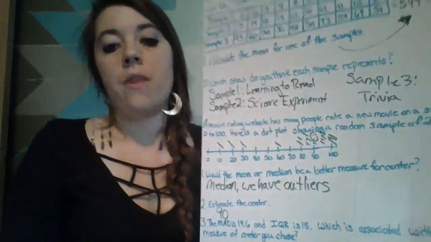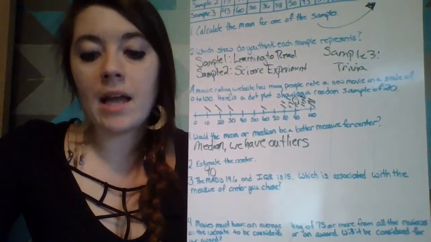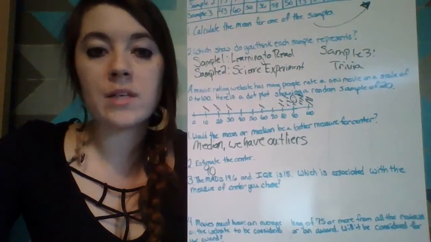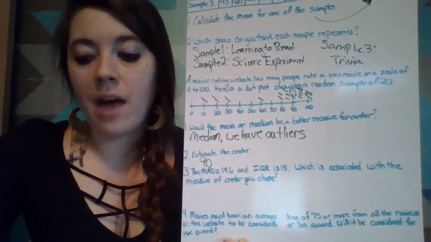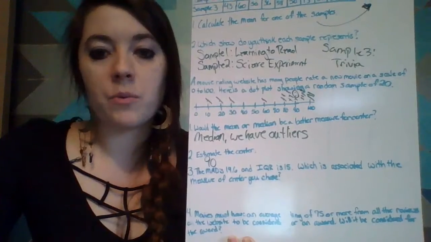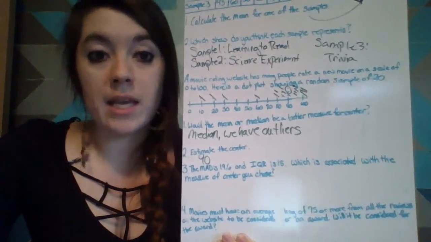Now, the MAD, or the mean absolute deviation, is 19.6. The IQR, or the interquartile range, is 15. Which of these values is associated with the measure of center we chose? Well, the mean absolute deviation is used when we're dealing with the mean.